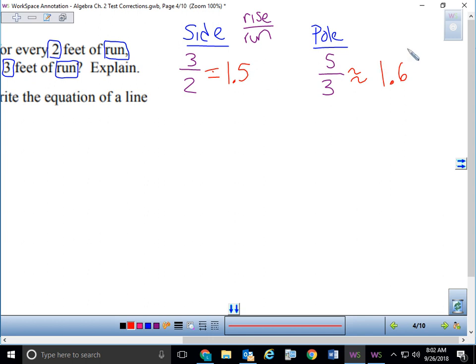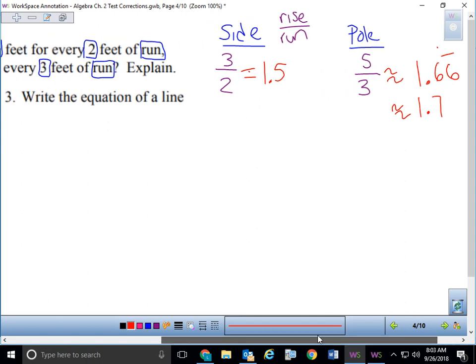Well, I'm rounding to the 10th place. So this is actually 1.66 repeating, and I'm going to round that to the 10th place to be about 1.7. So if you change it to decimals, you can see that the pole is actually greater than the slide. And my explanation is because the slope is steeper.